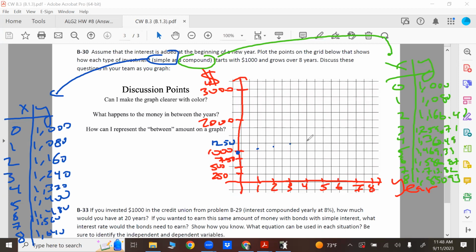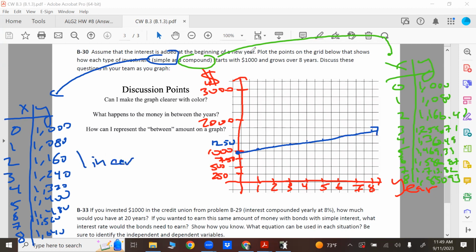At 4, it's above it. At 5, it's getting closer to 1500. At 6, it's pretty much there. At 7, it's above it. At 8, yeah, so you get a straight line. So that's linear.